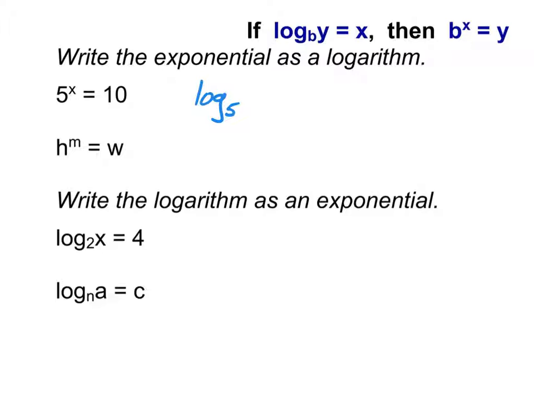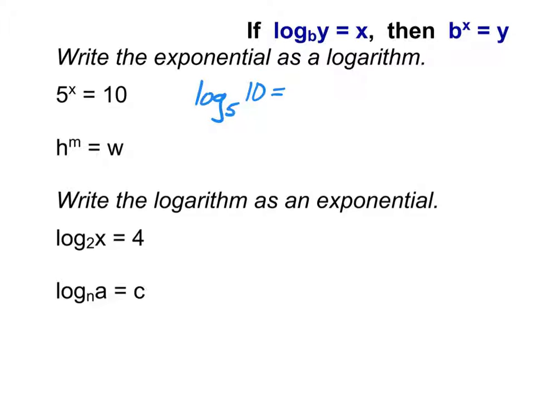But in this case, oops, almost marked the wrong thing. In this case, this is my y value. And so that 10 is what has to follow the 5 here. So we have log base 5 of 10. And then notice the next thing in my formula up there is the equal sign.